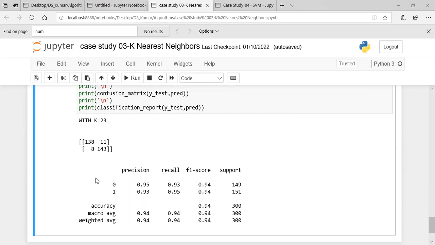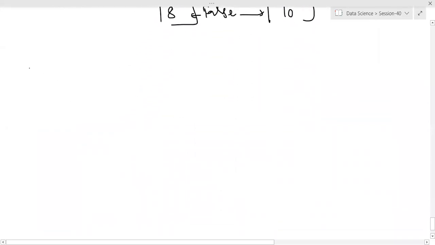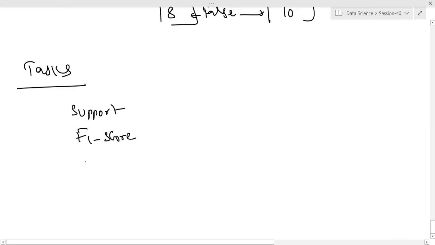However, let me take this chance of giving the task to you, because I'm worried about your revision process. Completely tomorrow I'm going to dedicate to again the points which I have mentioned. Along with that, some other tasks: you need to come up with what you mean by support and F1 score. Precision and recall you can already talk about from the confusion matrix.